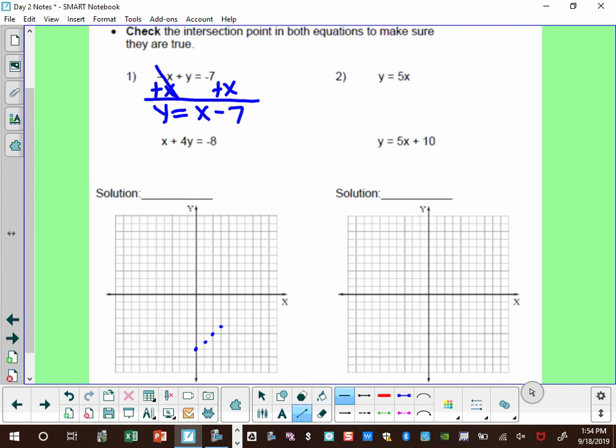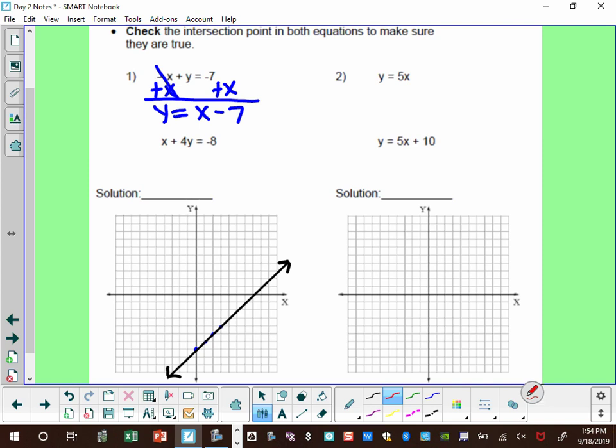And then we can draw my line. Okay, so that's the first line that we graphed. Right now we're doing it by hand, but in a little bit we'll do it by a calculator.